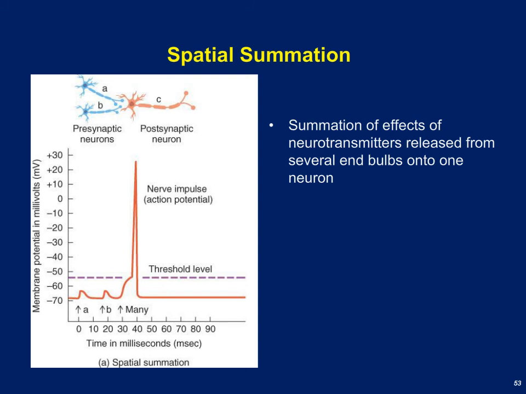A little bit comes from A, we become a little bit depolarized, then a little bit more comes from B, a little bit depolarized, and then A and B together, all of a sudden those two waves summate on each other or build for us to reach that threshold of -55 millivolts. And in that case, our postsynaptic neuron is going to go yippee and have its own action potential.